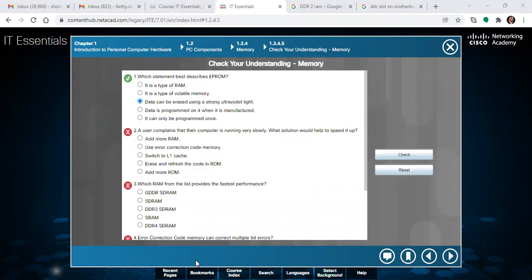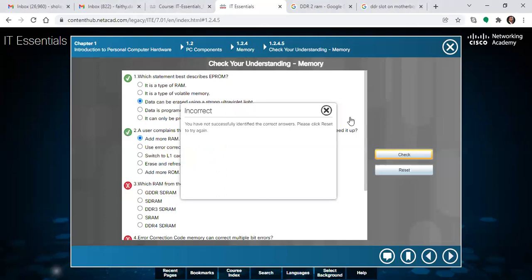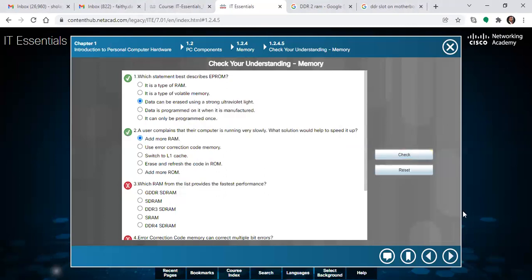Add more RAM, that's your final answer? Yeah. Group B, help out if she's not sure. Group B, your final answer. Correct. I think I mentioned it. It's correct.